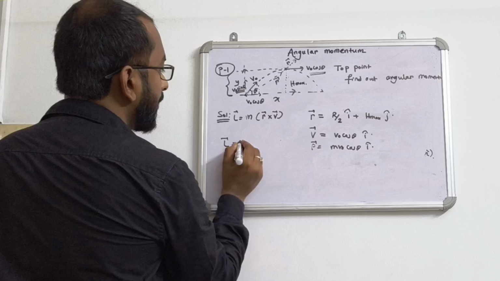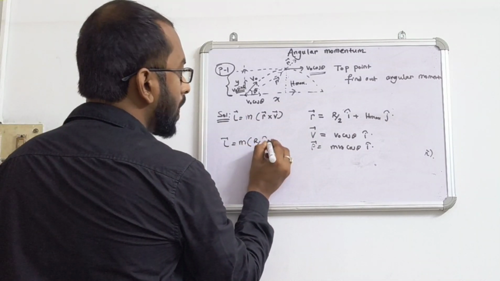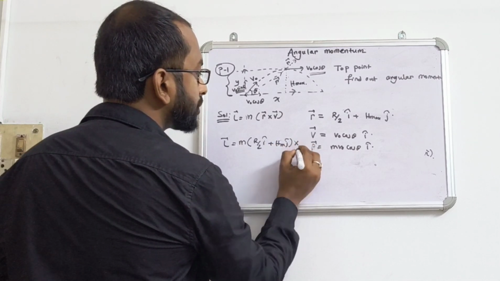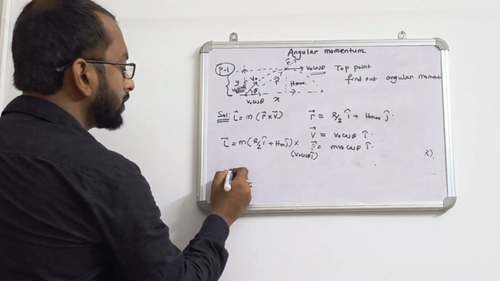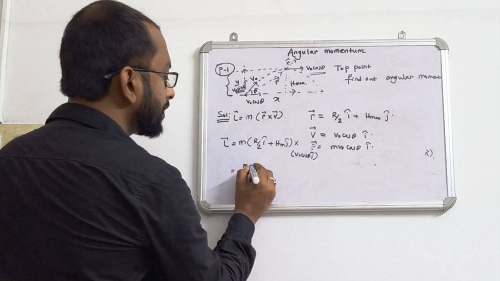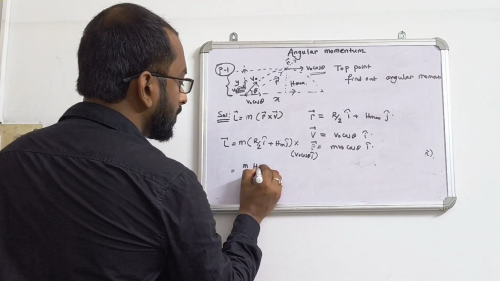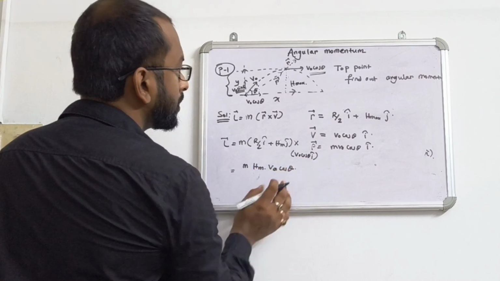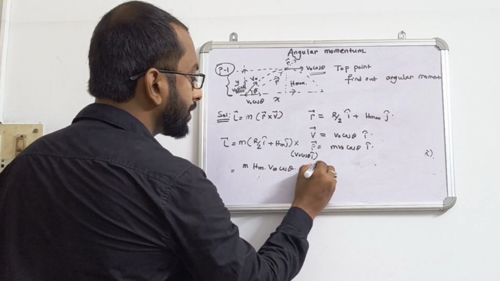So L we will write as m r cross v, means we will just write R by 2 i plus h max j, cross v, where v means v naught cos theta into i cap. So see, i cross i will be 0. We will be only left with m h max v naught cos theta into j cross i, which is minus k.